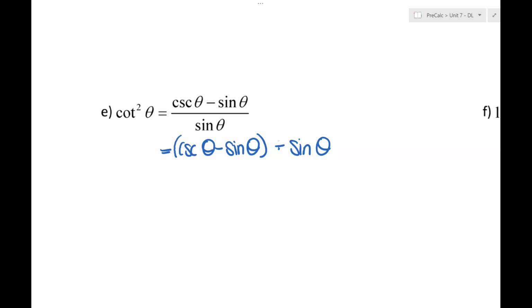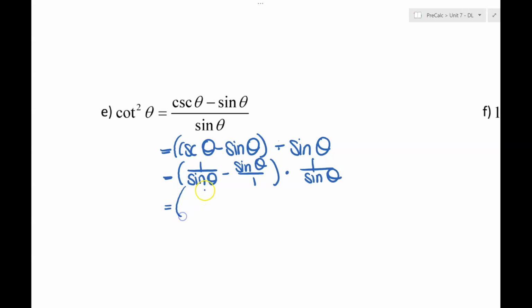Okay, so that leaves us with cosecant is the reciprocal of 1 over sine theta minus sine theta times 1 over sine theta. I was able to flip the right hand side because that is just one term. Normally you couldn't. Let's go ahead and get common denominators.